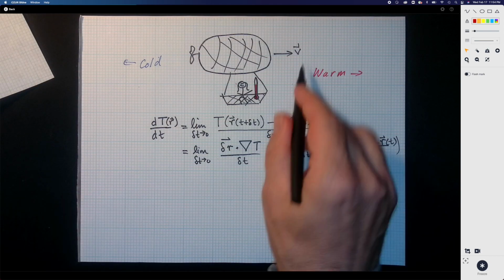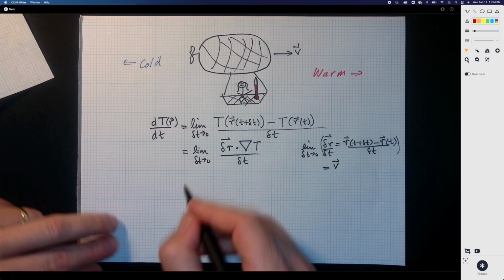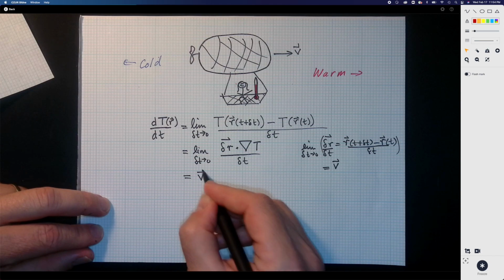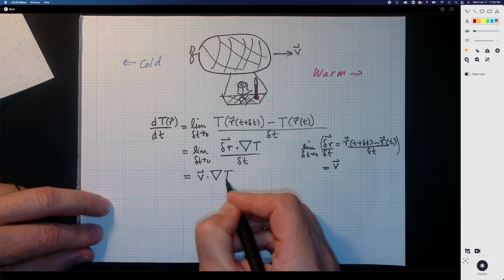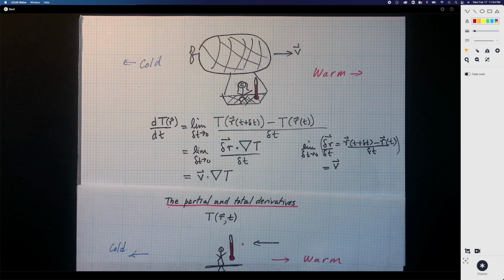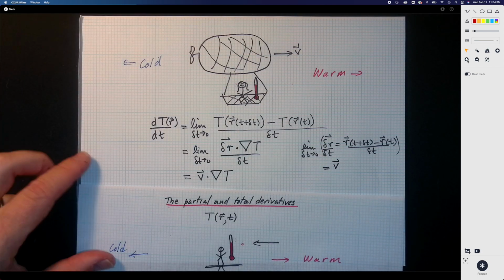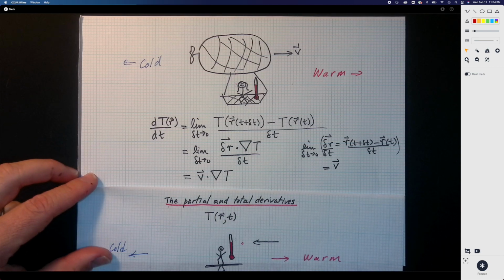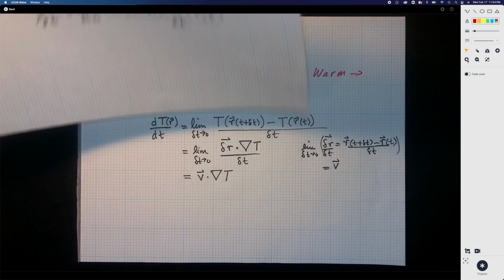That's the definition of this velocity v. And so this becomes just v dotted with grad T. Now in general, the temperature will change for two reasons. One, because it's changing with time explicitly, and the other one because the position is changing. And so if we want the total derivative, we need to include both.